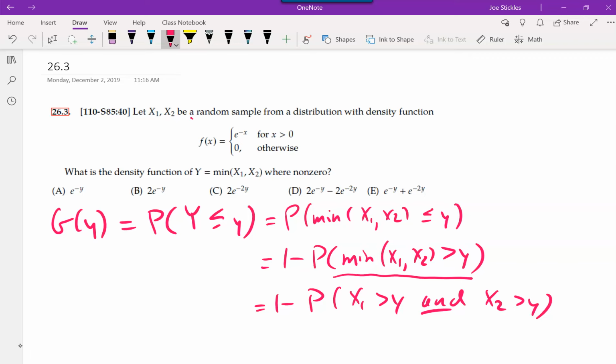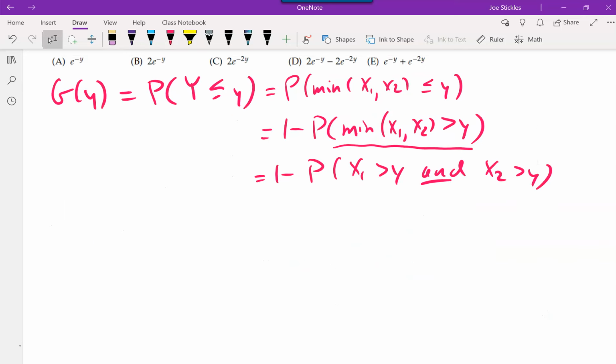And this is where the idea of the random sample comes out. Does knowing what x1 is have any effect on what x2 is, or vice versa? No. So they're independent of each other. If I have an and probability for independence, what can we do with that? Multiply. Split it apart to multiply, right?